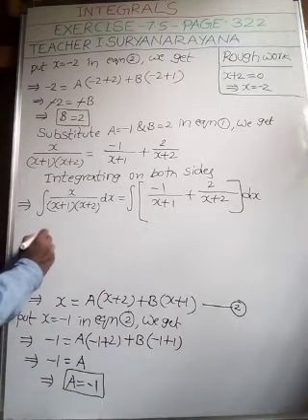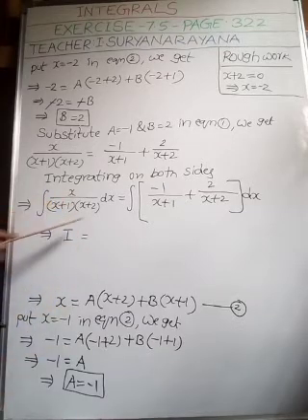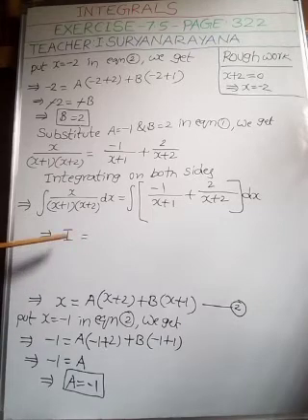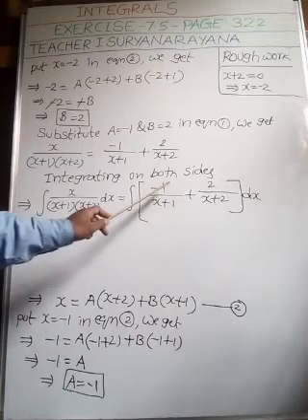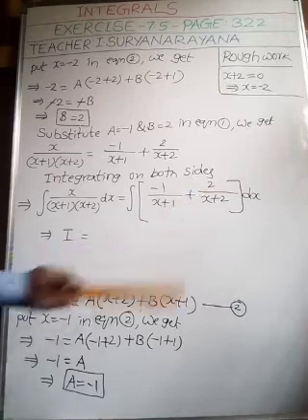This implies in LHS we assumed this entire integral as capital letter I. Okay, my children, this implies capital letter I is equal to, come to the RHS part. Integral of two terms are there, so we can find the integral of these two terms separately.